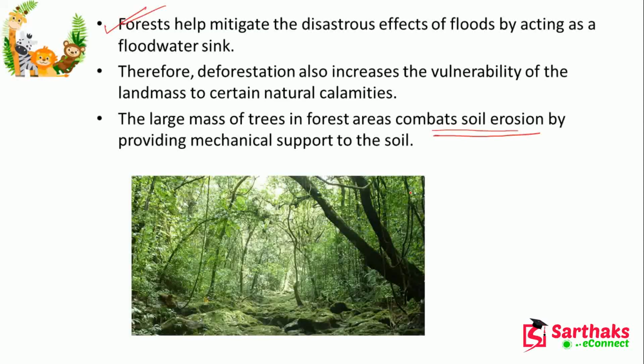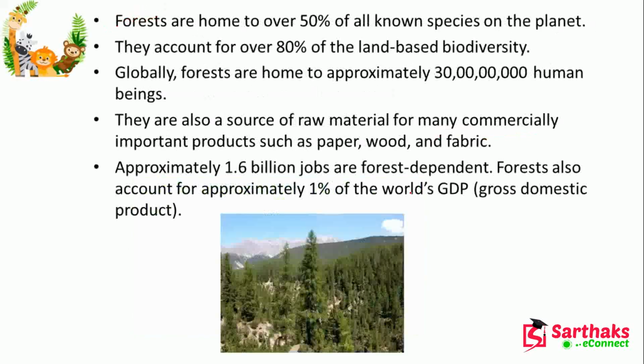The mangroves are helping to protect us from natural disasters. And deforestation can increase the vulnerability of the landmass to certain natural calamities. Soil erosion also it can check. So these are the many important points.